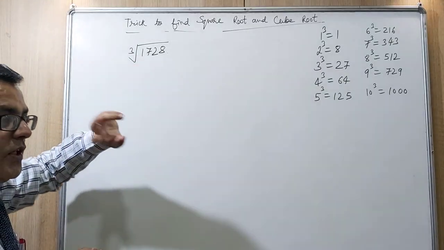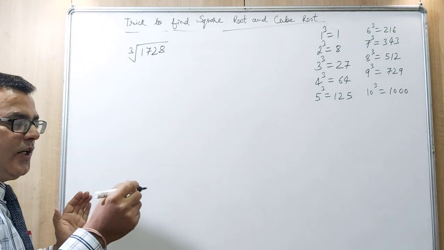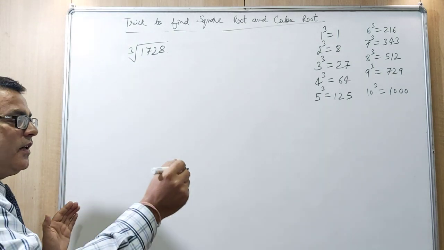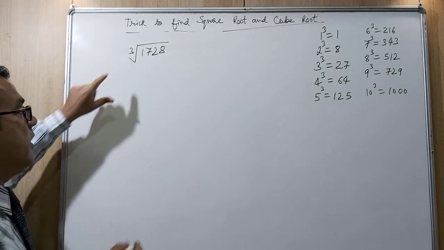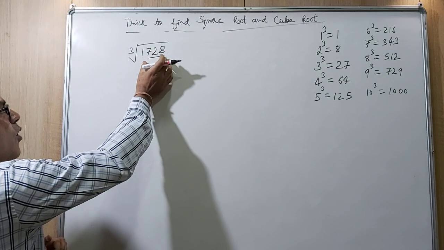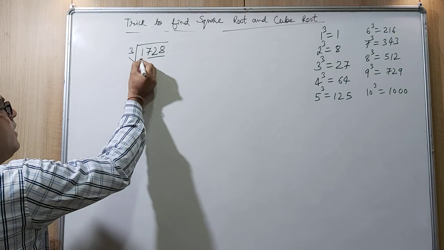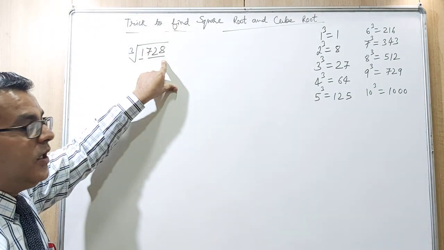Now see, in the square root, you recall we took groups of 2 digits, but here it is cube root, so we need to take groups of 3 digits. This is very important. So 728 is the first group and 1 is the second group. Now you can see the last digit is 8.